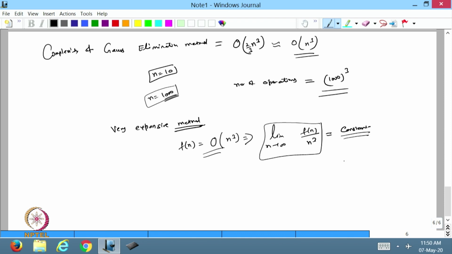So now we will stop here. Today we have discussed the complexity of the Gauss elimination method, and we found that this complexity is n cube, and that is very expensive, because when we increase the size of a matrix, the number of operations will go as n raised to the power 3, and it will increase very fast.